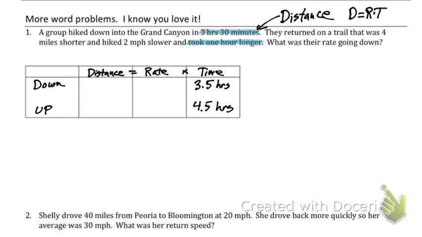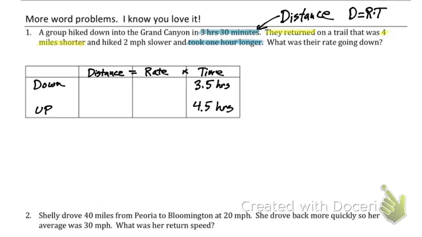They returned on a trail that was 4 miles shorter. Nowhere else in there did they talk about the lengths. All we know is the return trip was 4 miles shorter.